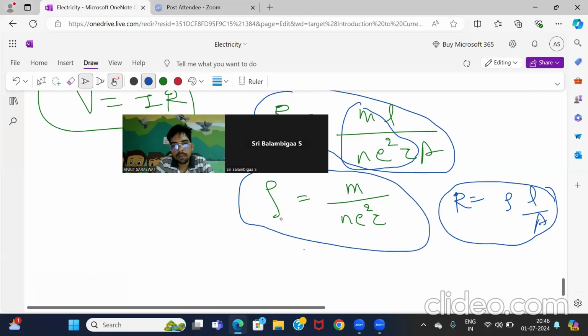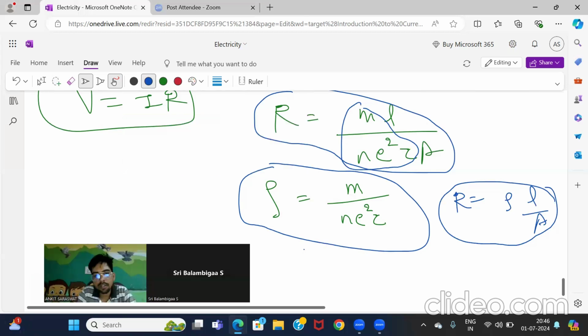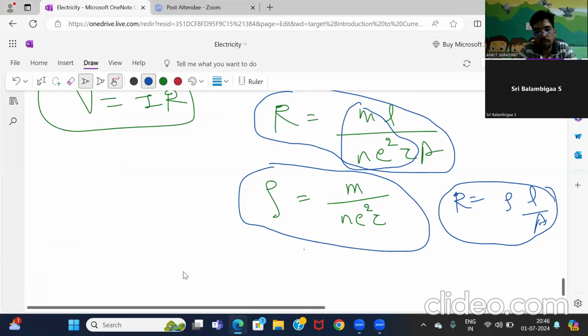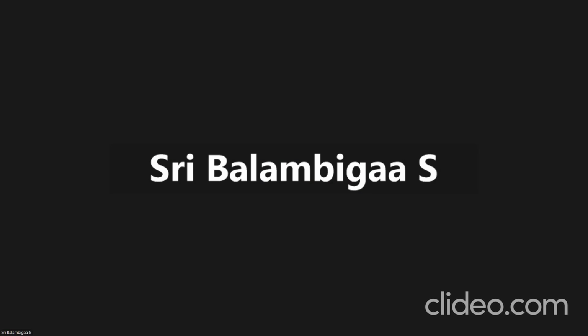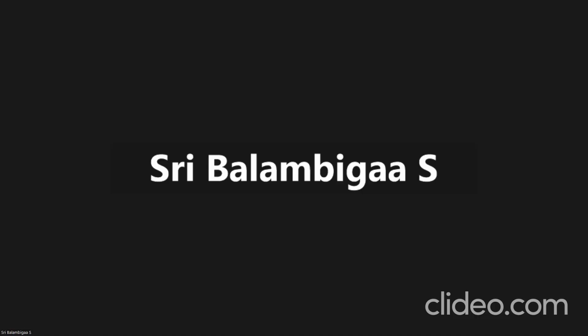Am I audible? Yes, sir, now it's audible. Actually, I'm saying this formula R is equal to rho L by A you have learned. But you should know what is rho. Rho is resistivity, and the resistivity formula is m by n square tau. Clear?